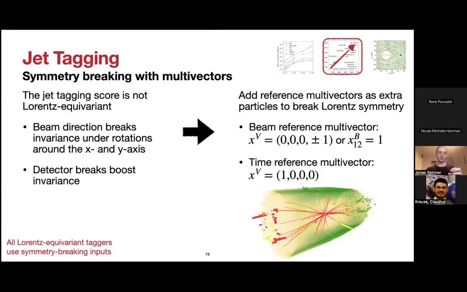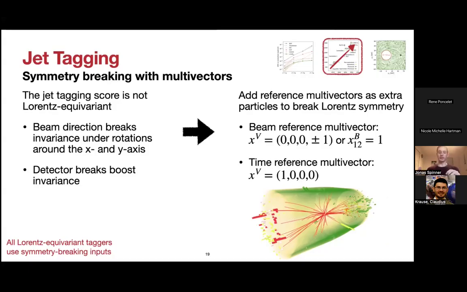The symmetry breaking is present for all Lorentz equivariant taggers, and they all use essentially the same way to handle this. We add extra inputs to the list of particles. We call them reference particles or reference multivectors, because we embed all particles as multivectors, and they break the Lorentz symmetry.